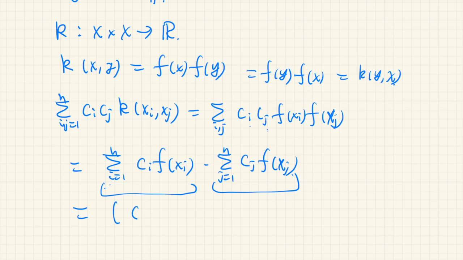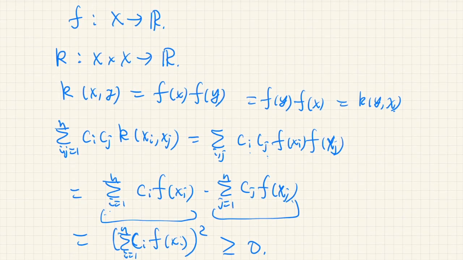So this is equal to the sum over i of ci f(xi), everything squared. Of course, this is the square of a real number, so this is always non-negative. Therefore, it is positive semi-definite.